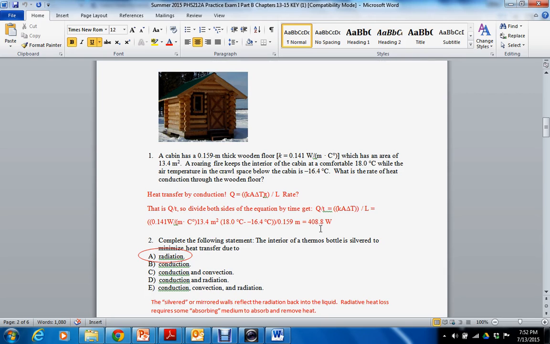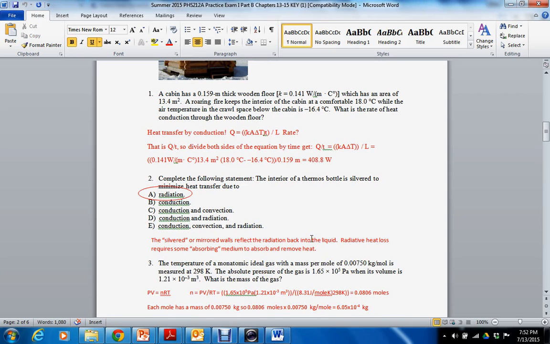On a cold winter day in your wooden cabin, you can feel the heat flowing out. All right, the interior of a thermos bottle is silvered to minimize heat transfer by radiation. So the silvered walls are mirrored walls. They reflect the radiation back into the liquid.